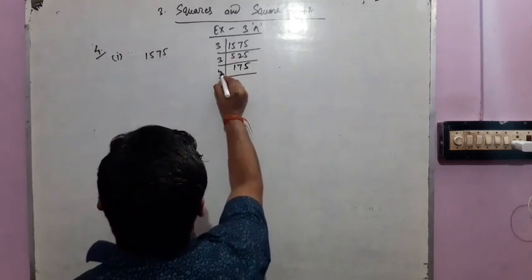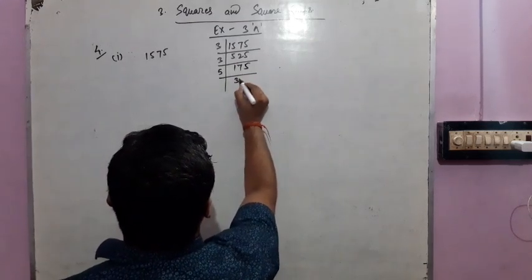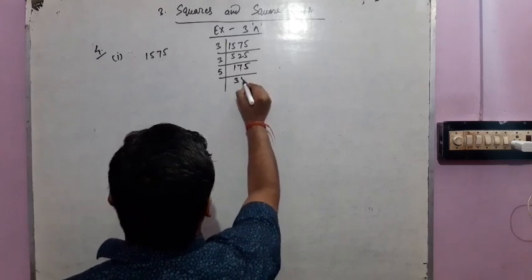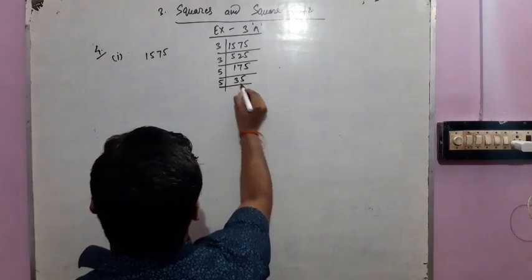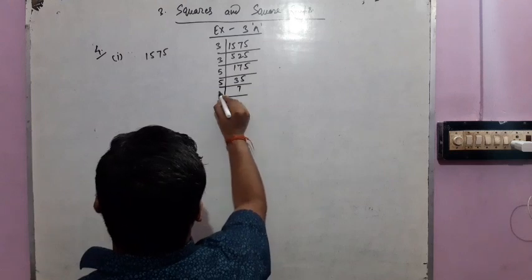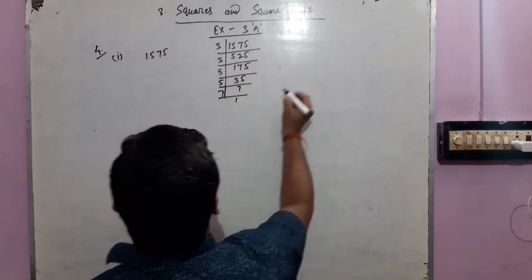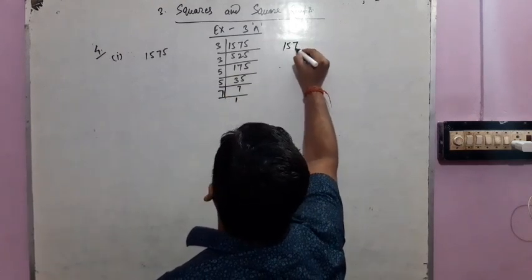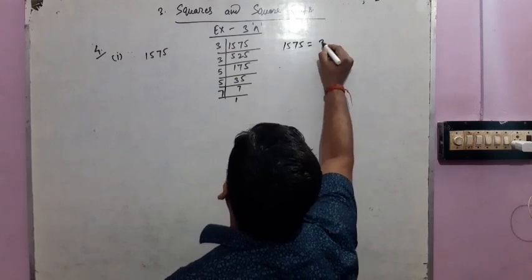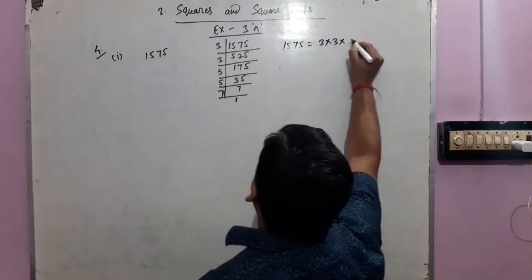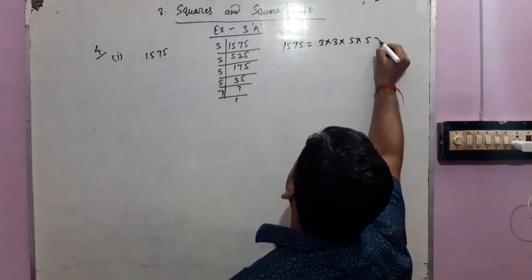Now with 5, again with 5. So 1575 can be written in the product form 3 into 3 into 5 into 5 into 7.